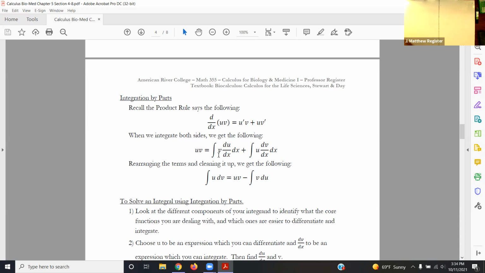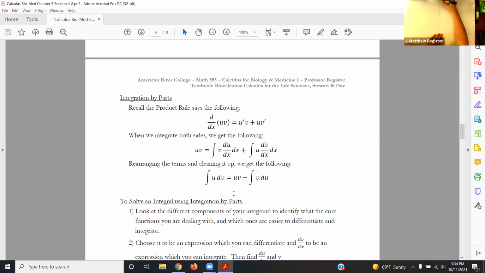And so when we integrate, we're just going to get the integral of v du dx plus the integral of u dv dx. This might not look great because now we have 2 integrals in here. But notice that we could solve for one of those integrals. And when we do, we get this formula. They also cleaned it up by canceling out some of those x's.